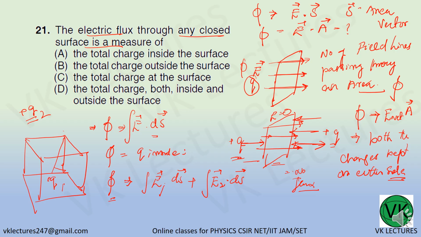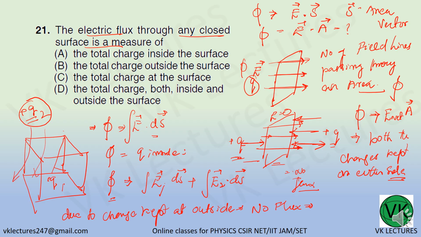Now what happens is, due to the charge kept outside, no flux will be there, because whatever electric field lines of force pass through one surface will move out from some other surface.